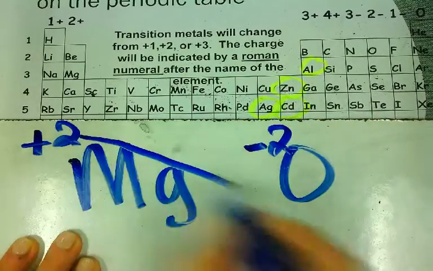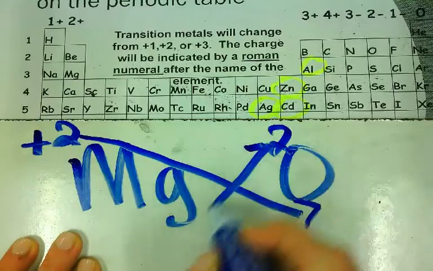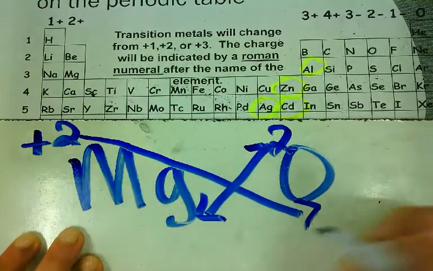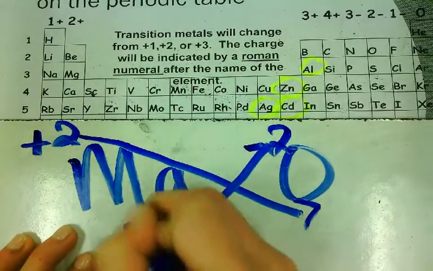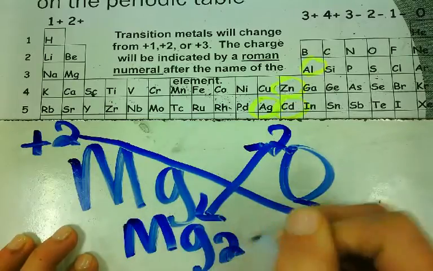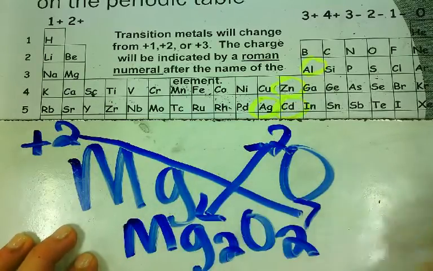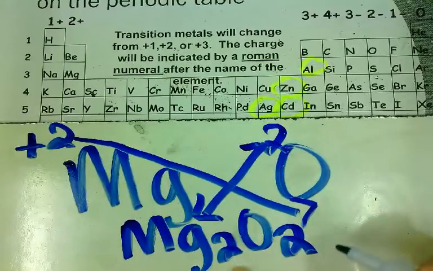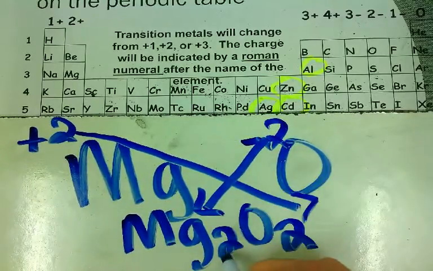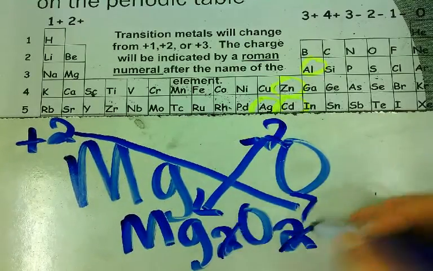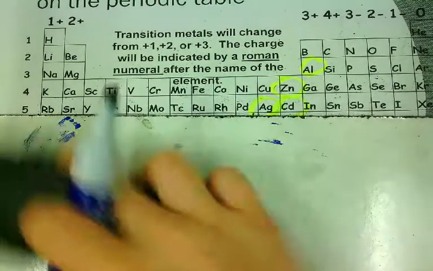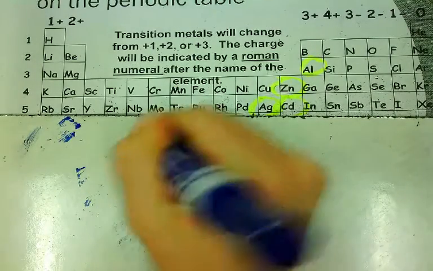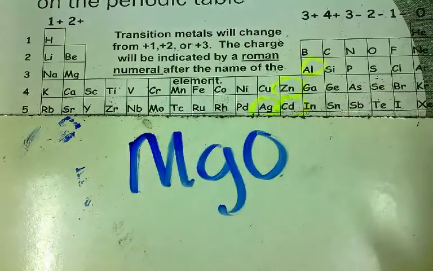So we're going to swap and drop the charges so that we have Mg2O2. Here we can see that these charges cancel each other out, so we can simply write magnesium oxide.